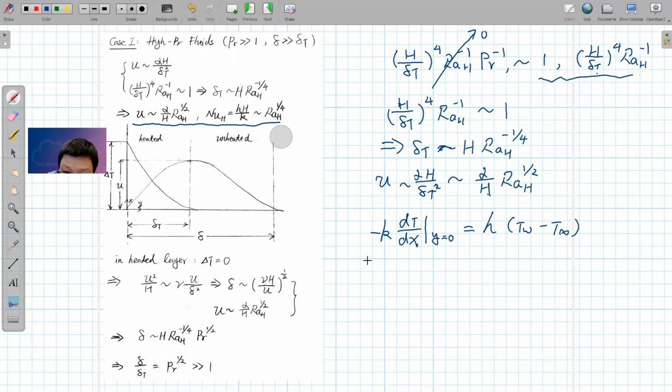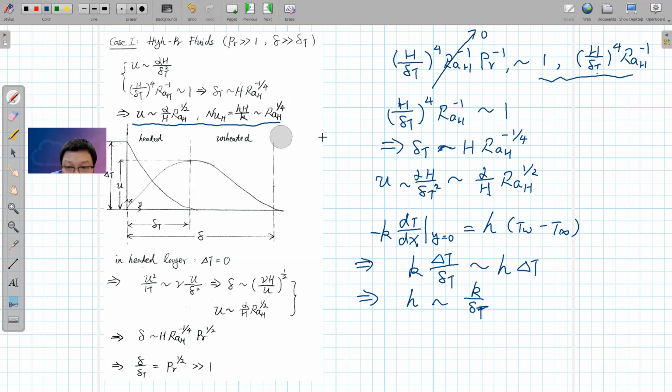If you do the scaling of this equation, it tells us that k times delta T divided by delta T is of the same order as h times delta T. Then h is of the order of k over delta T. We should already know this because we also see this correlation in our laminar boundary layer theory. So the film coefficient h is the magnitude of k divided by the thickness of the boundary layer.